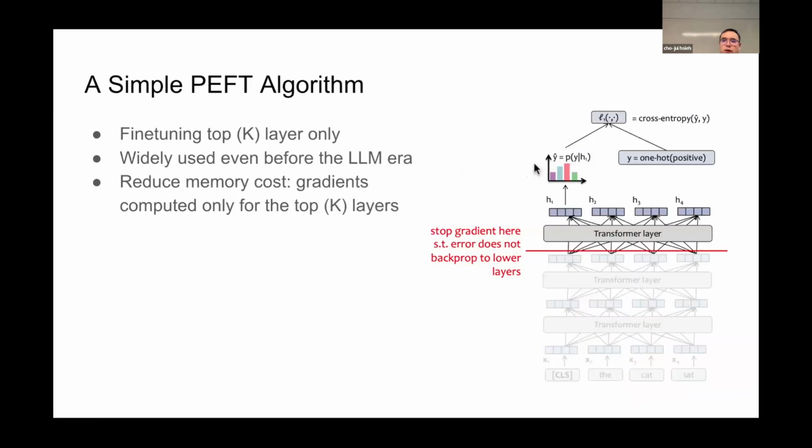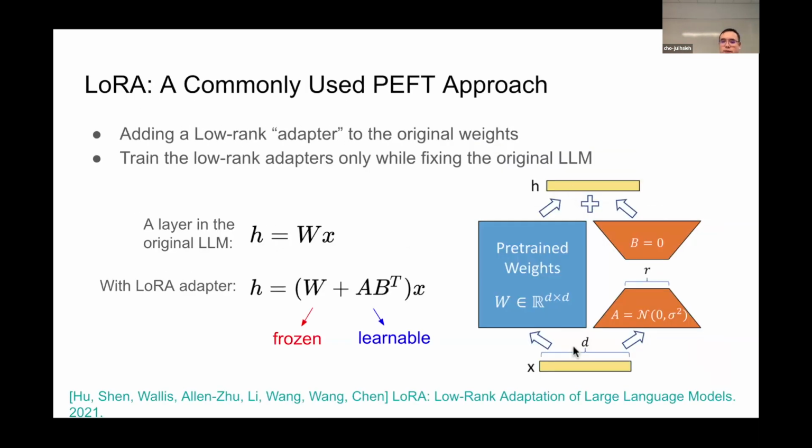You have the input X, and the original weights here are frozen because we don't want to train them; they're too large. So we just train the LoRA adapter, where you have two matrices A and B. A is the projection matrix that maps D dimension to R dimension, and B is the projection that maps it back to D dimension.